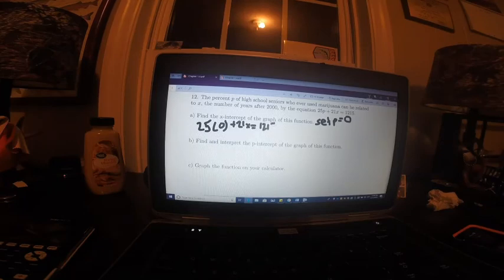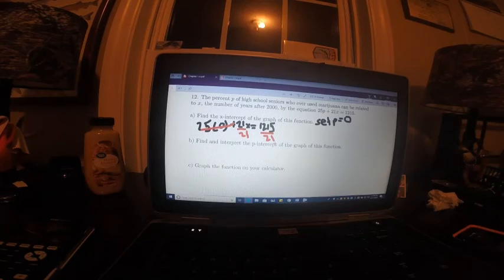Now, like I said, that 25 is just going to cancel out with that 0. When that happens, all I really got to do is divide by 21 on both sides. That'll give me my x value.